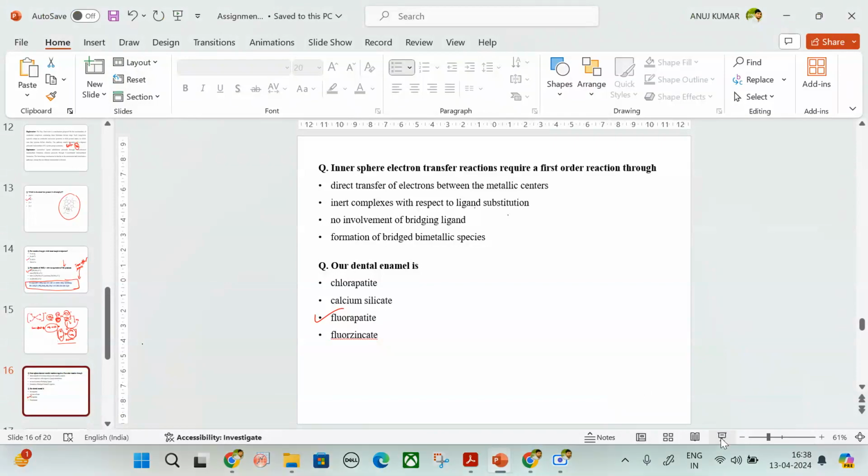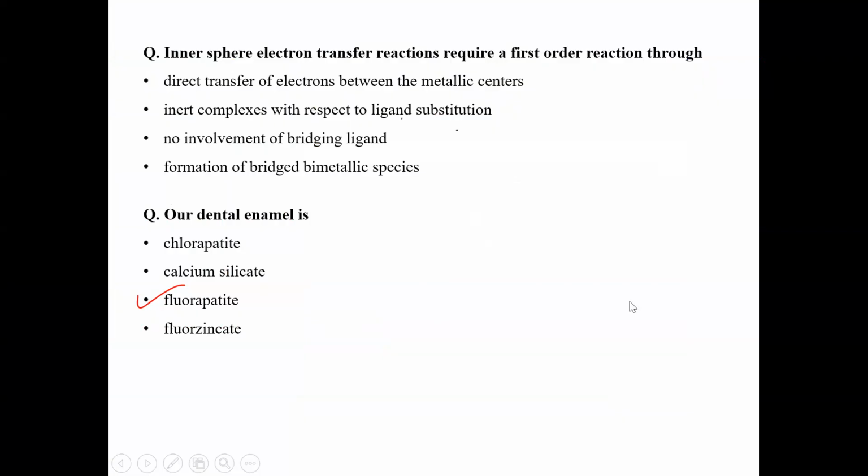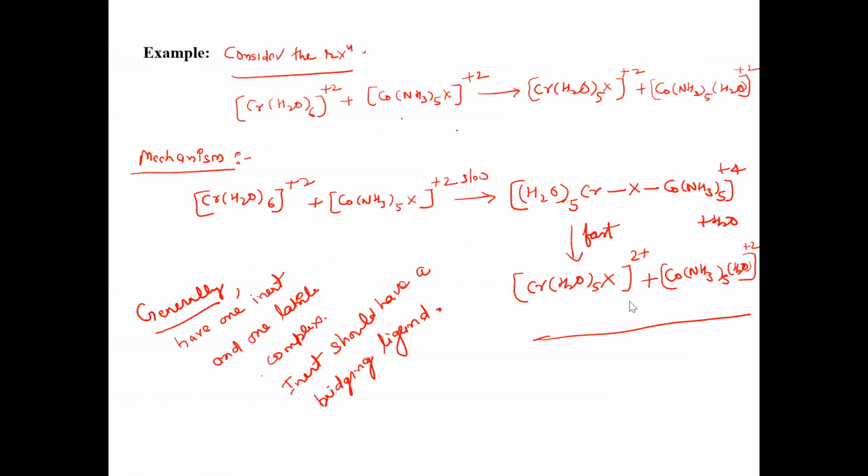So if I talk about the inner sphere electron transfer mechanism, you just simply consider this reaction. Here are two complexes, and this ligand you can consider the halide. As the nucleophilicity increases, the donating tendency also increases for this ligand.